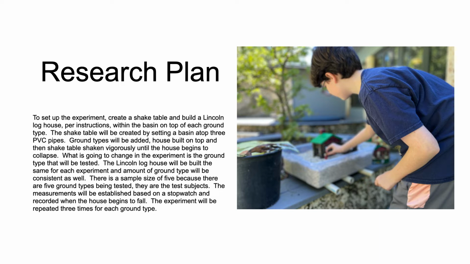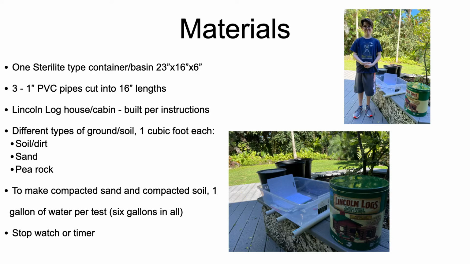The ground types were soil, sand, P-rock, compacted soil, and compacted sand, to represent various types of ground a house may be built on. I vigorously shook the shake table for each ground type 3 times and, utilizing a timer, averaged the amount of time it took for the house to fall.